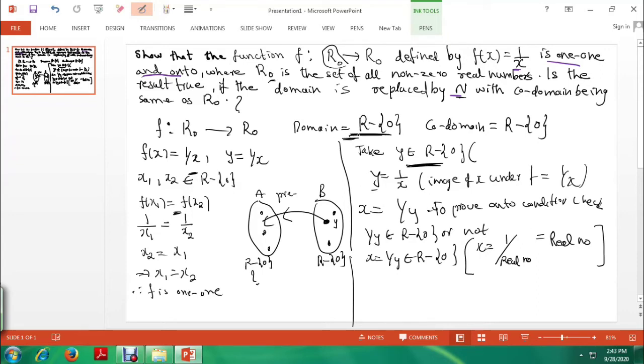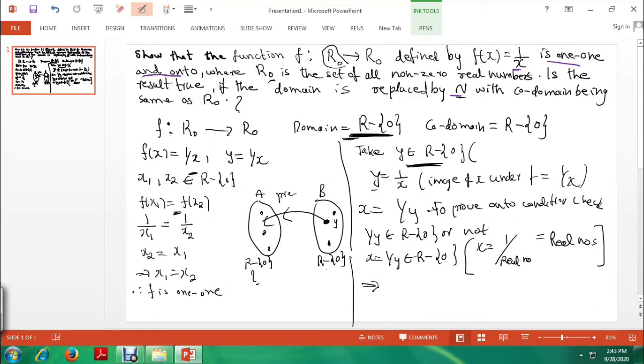See, domain equal to R minus 0. It's a real number other than zeros. Okay, here also I am considering real number minus 0 only, that you need to remember, because in the codomain we can't find 0 because R minus 0 is defined. So x is in the form, that means elements of A in the form 1 by real number. We know 1 by real number is equal to real numbers only, right? That indicates x, that is pre-image, that is in the form 1 by y, belongs to the set.